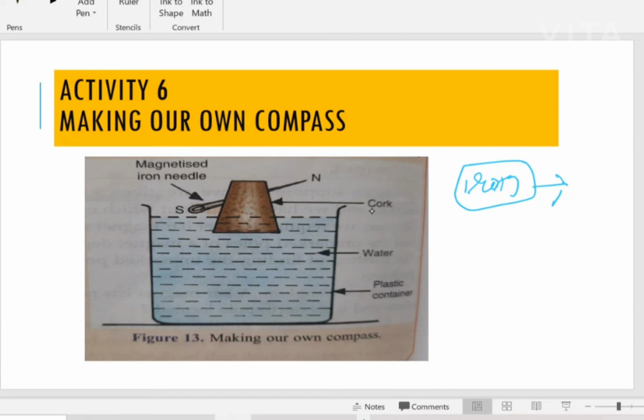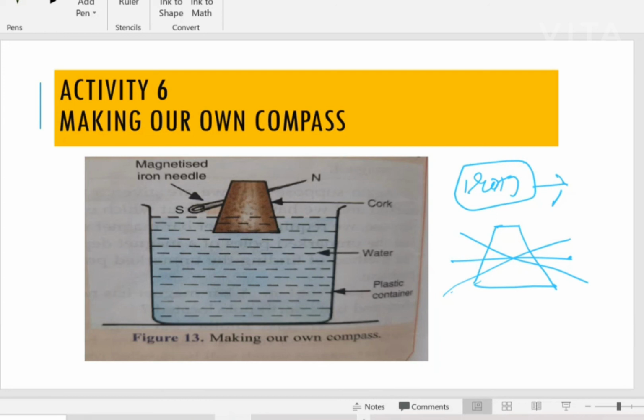Why are we selecting the cork? We have to select a material which is floating on water. Before it was fixed, it can be in different directions, can be like this, like this, any one of the directions. Then you're taking a plastic container, filling it with water and putting this cork on top of that.